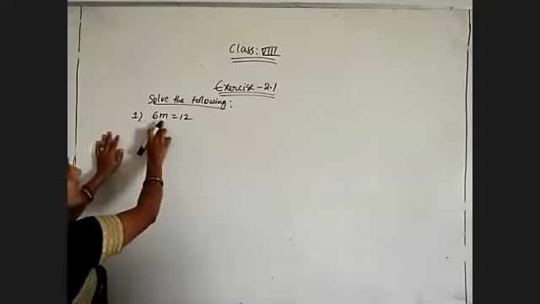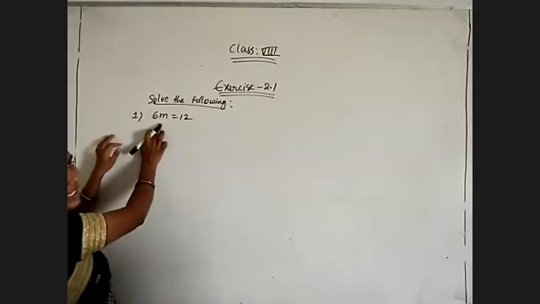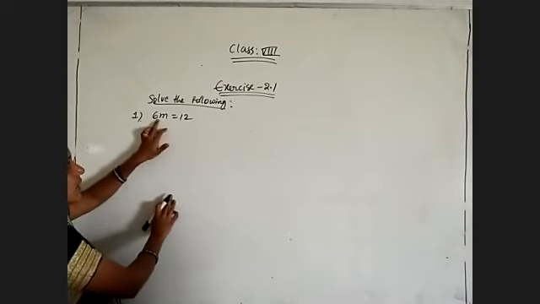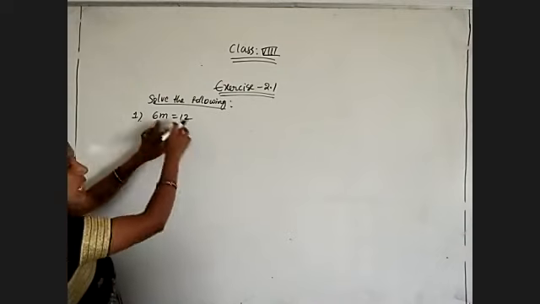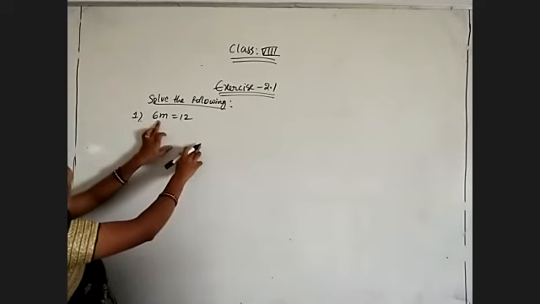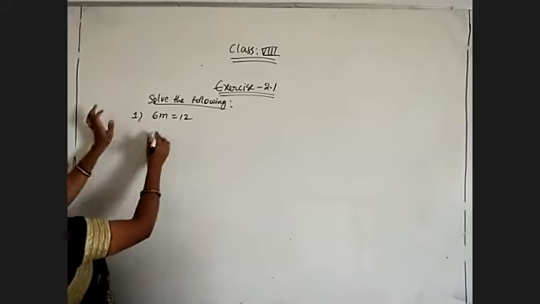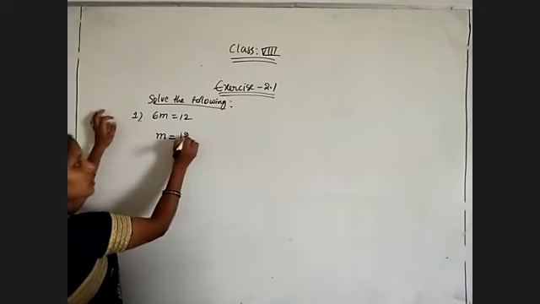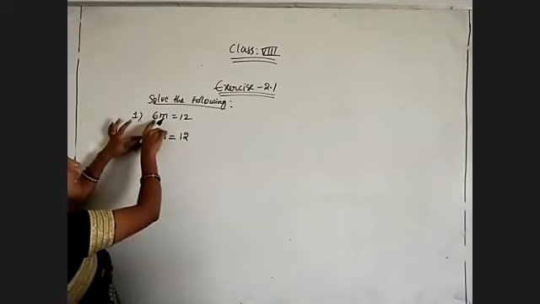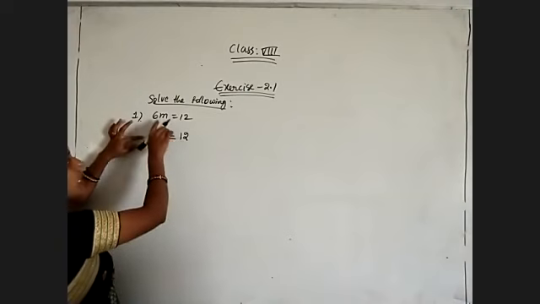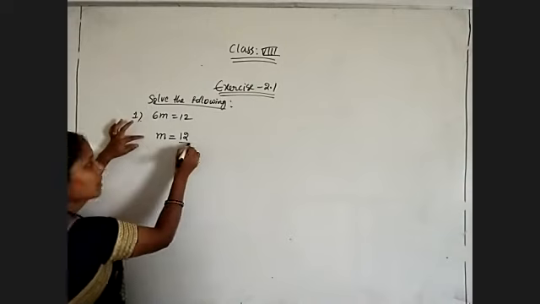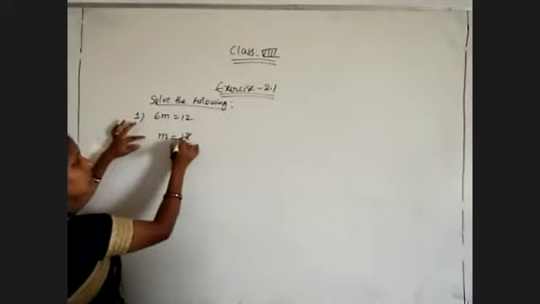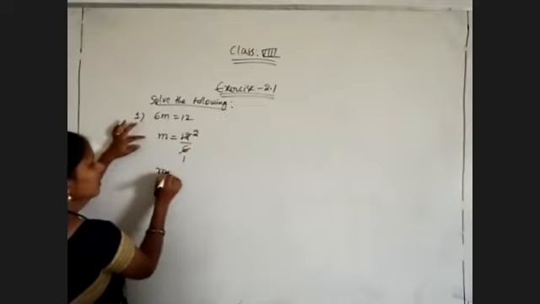Here we have only one term at LHS, that is 6m, and between 6 and m we have multiplication. So while we transfer multiplication to the other side, it becomes division. So m will be equal to the RHS, 12. Now this number we are bringing to this side, so it becomes division by 6. 6 ones are 6, 6 twos are 12. So m is equal to 2.